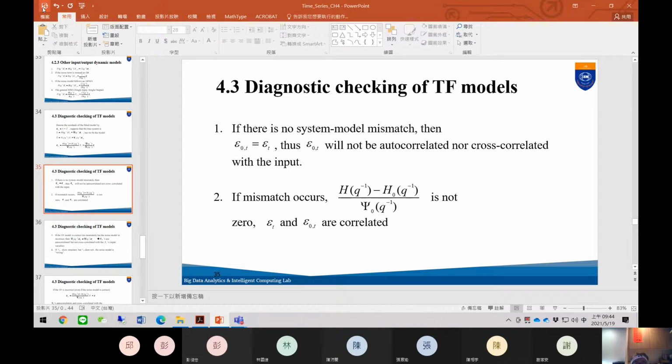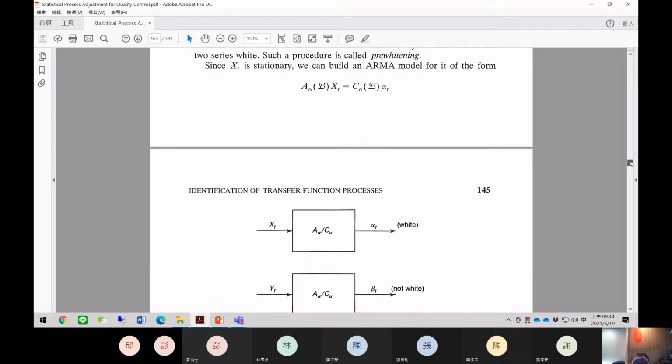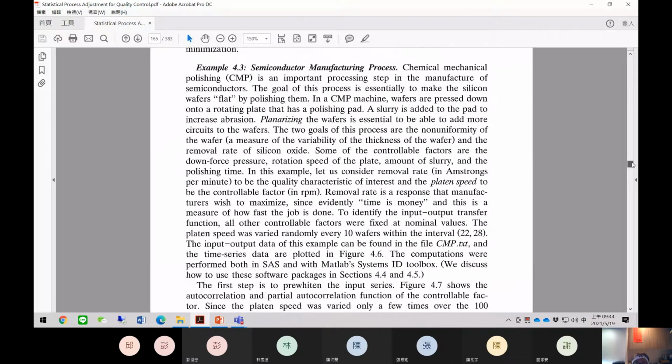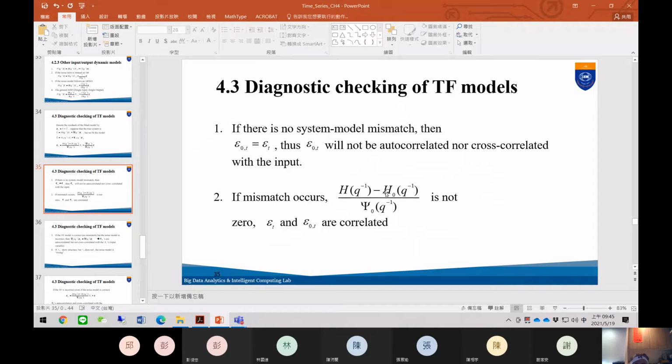So this epsilon_t will not be autocorrelated nor cross-correlated with the input. So that means you do this cross-correlation. Let me show you. This is cross-correlation of two series, X_t and Y_t, input and output. Yes, it's no model mismatch.